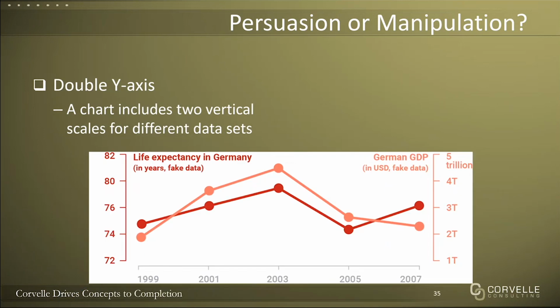Sometimes we have charts with double y-axes, one on each side, for different data sets that we're bringing together. And this is a bad idea if we're just trying to save space. This is a great idea if the two time series actually relate to each other and you can demonstrate strong causal relationships.